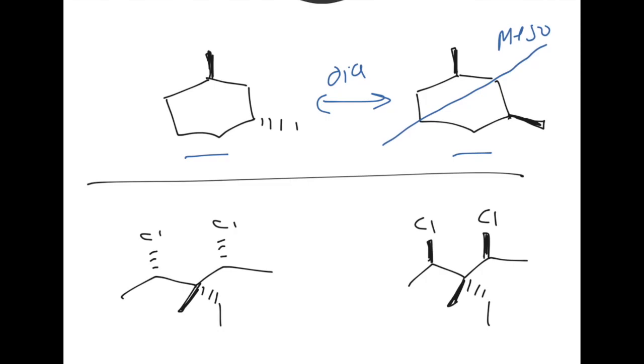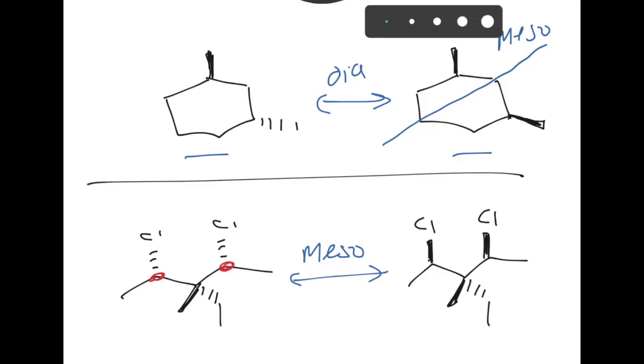Why are they the same? So these are meso. How many chirocarbons does this have? Two, right? This and this.